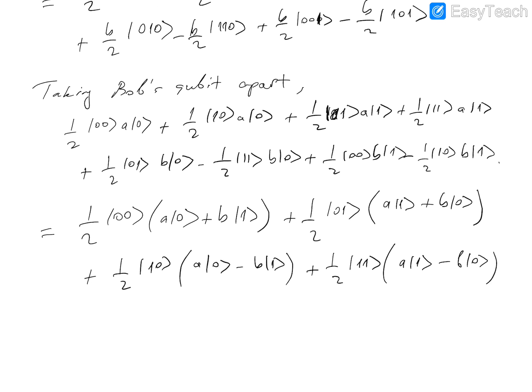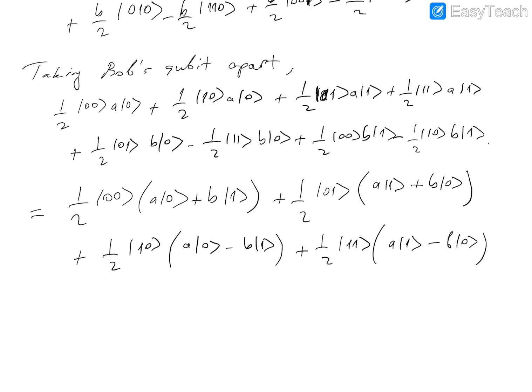Okay, so the last qubit belongs to Bob, and the first 2 qubits belong to Alice.